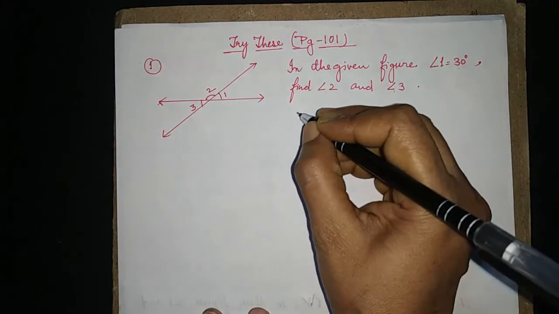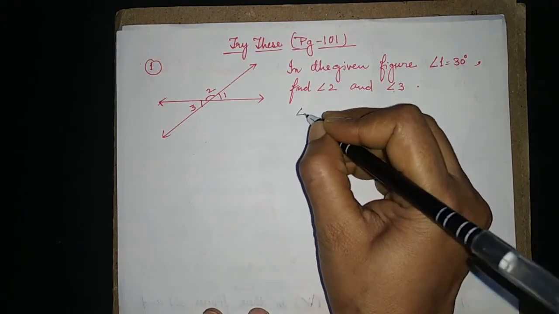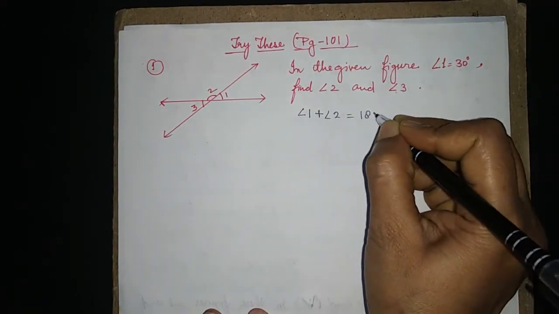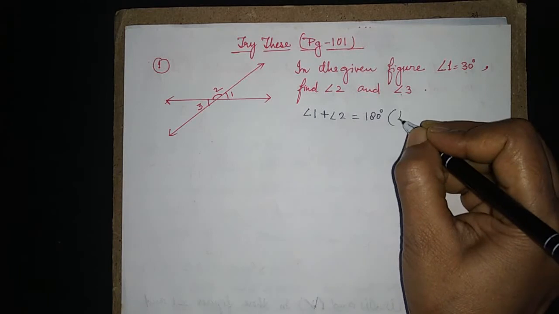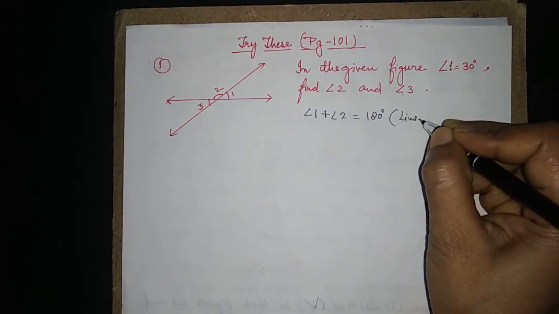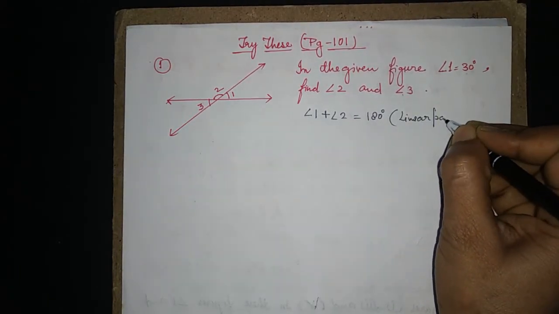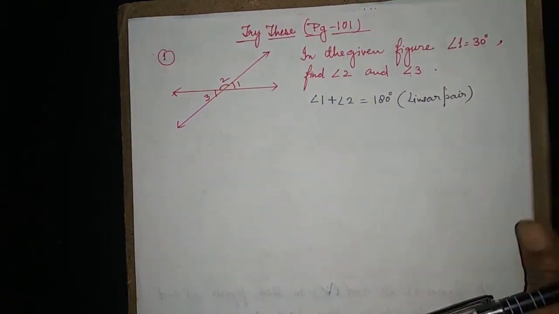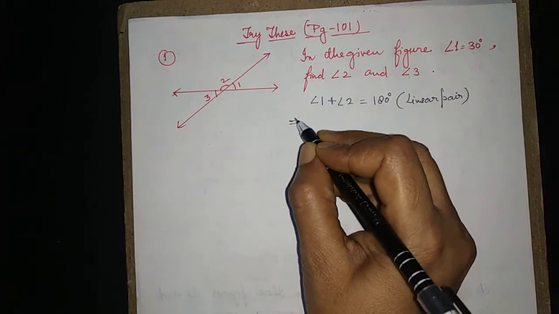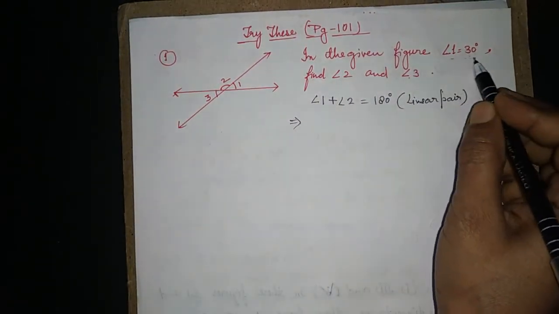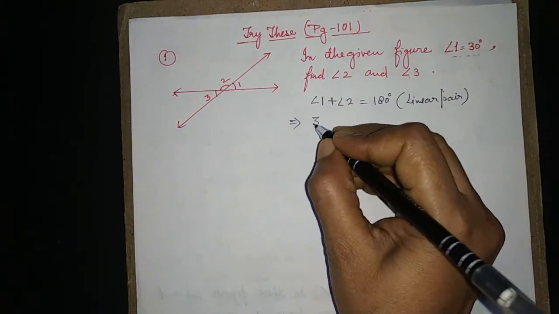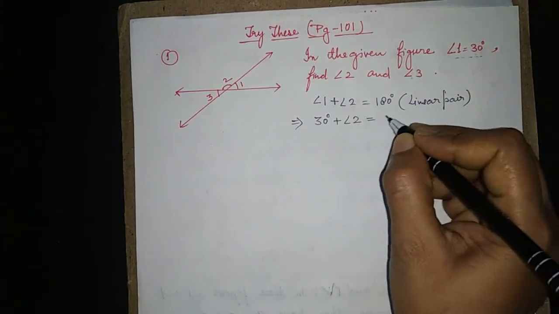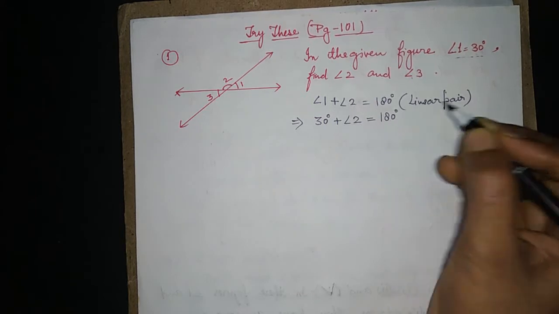So here we will write angle 1 plus angle 2 is equal to 180 degrees, and in brackets we will write linear pair. And measure of angle 1, what? 30 degrees. So here we will write 30 degrees plus angle 2 is equal to 180 degrees.